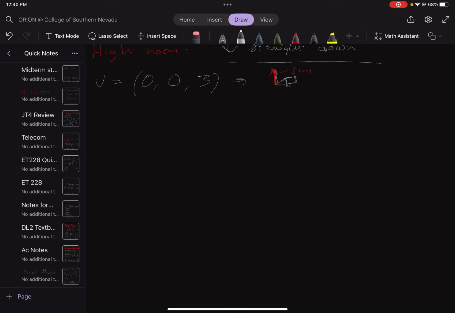The width and the length, let me do that a little bit differently: 0, 25, 0, and 0, 0, 15.